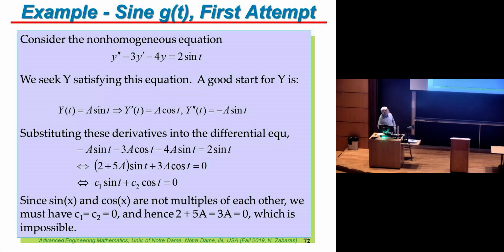If you try something that is a constant times sine, you will see it doesn't work. The reason is that when you take second derivatives, you will get sines back, and the first derivative will give you cosines. So you're not going to have any cosine on the right-hand side to match the cosine that you get from the first derivative. So the solution you have to try when you have a sine is a combination of sine and cosine.